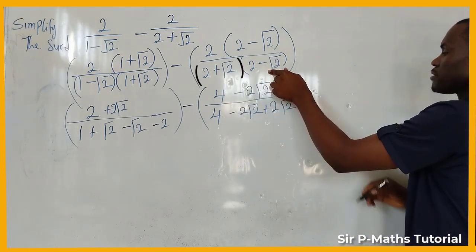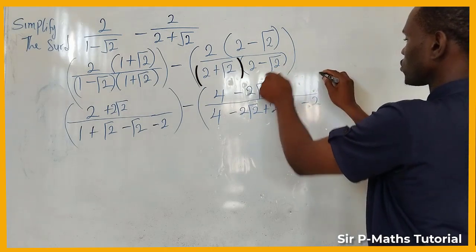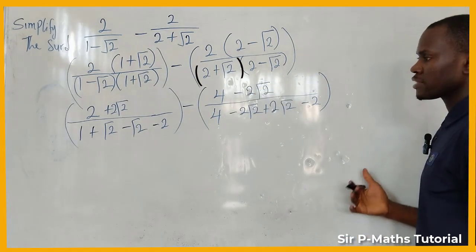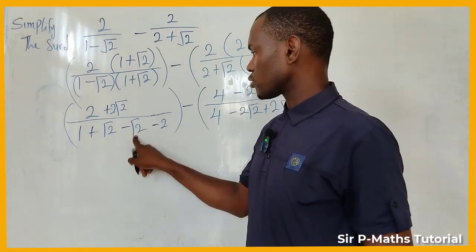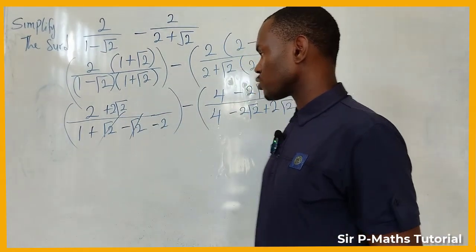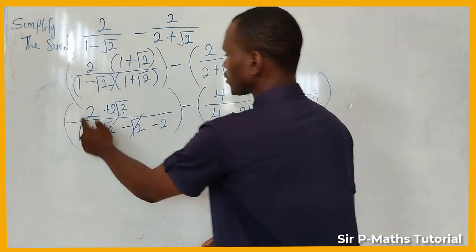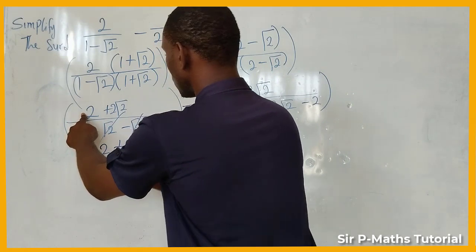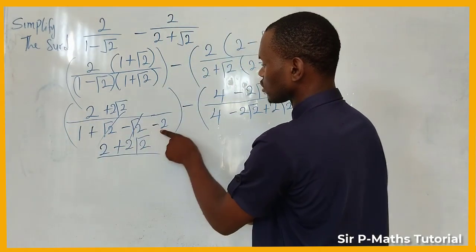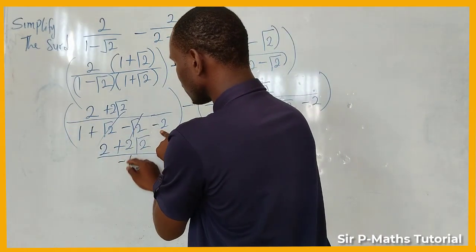Then root 2 multiplying minus root 2 will give me minus 2. Let us add and subtract like surds. Root 2 subtracting root 2 will give me 0, so both of them are out. Then I'll have 2 plus 2 root 2 over 1 subtracting 2 will give me negative 1.